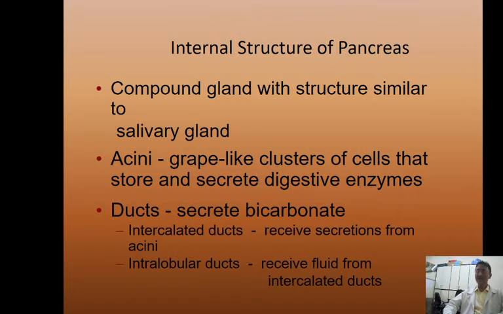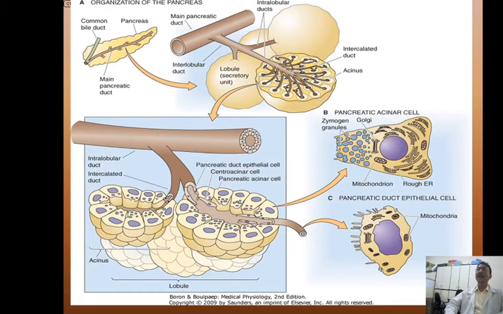Now I will briefly describe to you the structure of the acinar cells and the ductal cells. So here, if you see, there is the organization of the pancreas. If you see the diagram, here is the main pancreatic duct. This pancreatic duct combines with the common bile duct, and these two open into the duodenum.